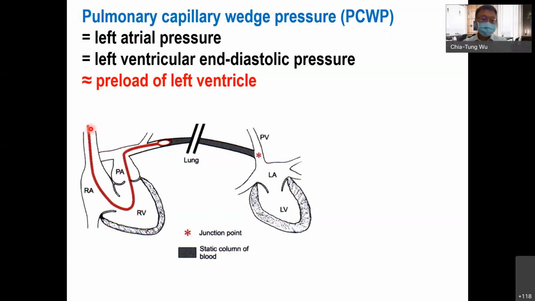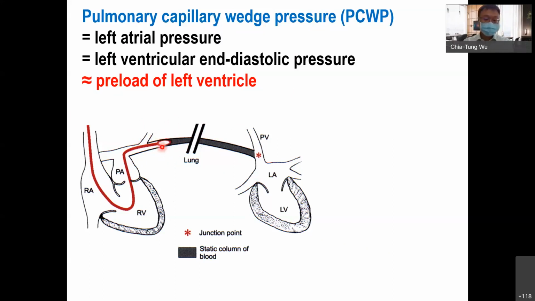We put a long catheter from the SVC to the RA to the right ventricle to the pulmonary artery, and the tip of the catheter will stop in a branch of the pulmonary artery. There's a small balloon at the tip of the catheter. When we inflate the balloon to occlude this branch, because there's no blood flow, the pressure will be the same at two sides of the heart.